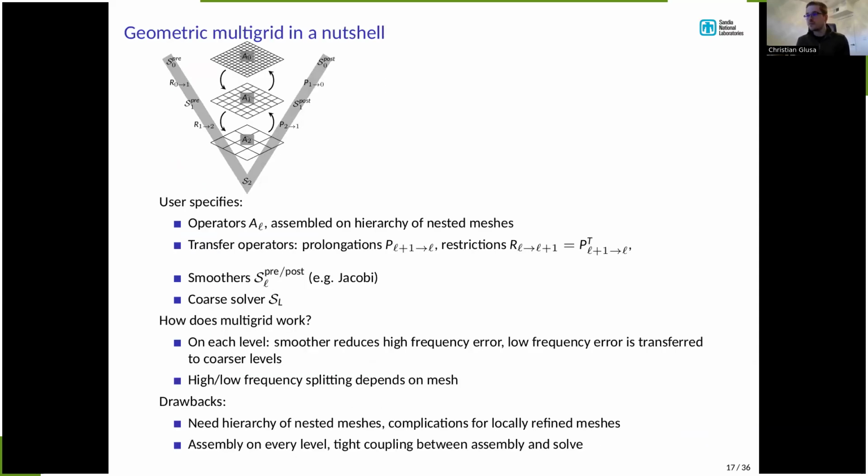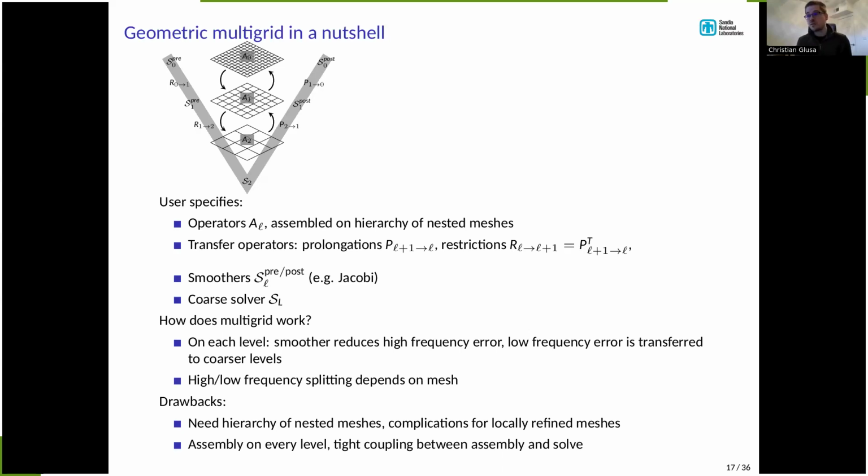All right, so let's get started with geometric multigrid, and I'll try to explain a little bit how this works in a single slide. On the finest level of this hierarchy that we have, this is our system A0. This is the system that we actually want to solve.